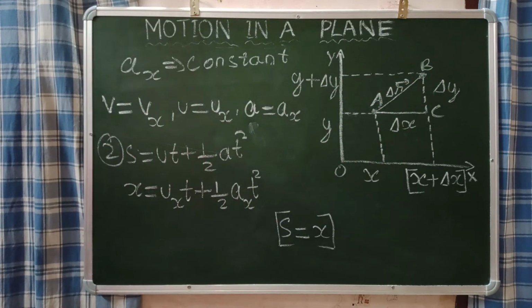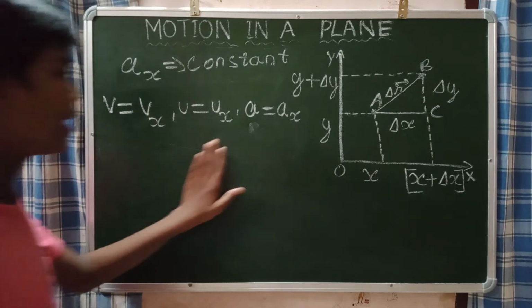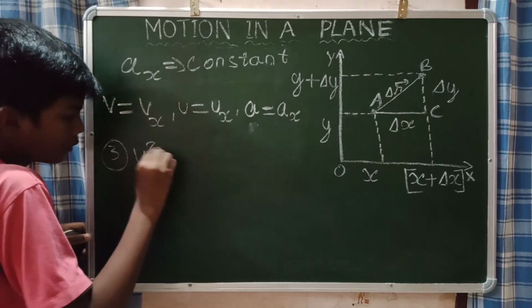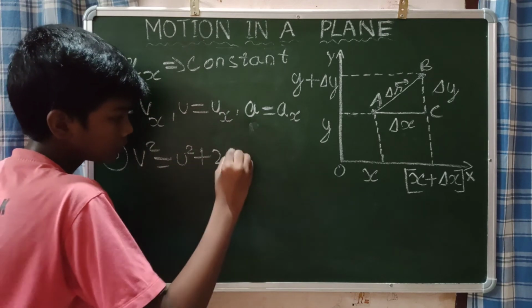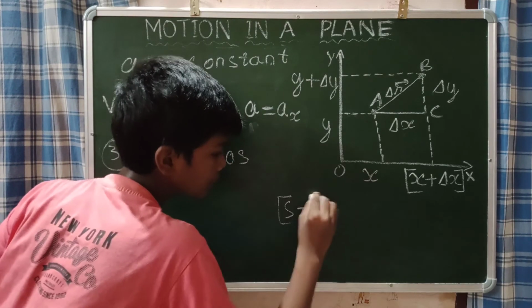Now let us move on to our third equation. What is the third equation, guys? The third equation is v square is equal to u square plus 2as. Here also s is definitely x, so displacement is equal to x.